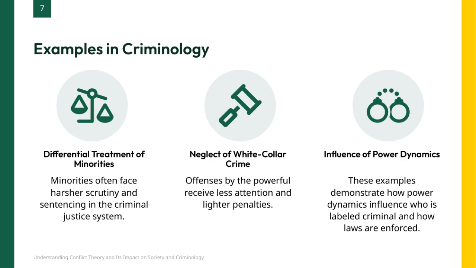These offenses receive less attention from law enforcement and result in lighter penalties, showing a clear disparity in how justice is applied. Overall, these examples highlight the crucial role power dynamics play in shaping who gets labeled as a criminal and how laws are enforced, underscoring the importance of examining these structures in any discussion of criminal justice.